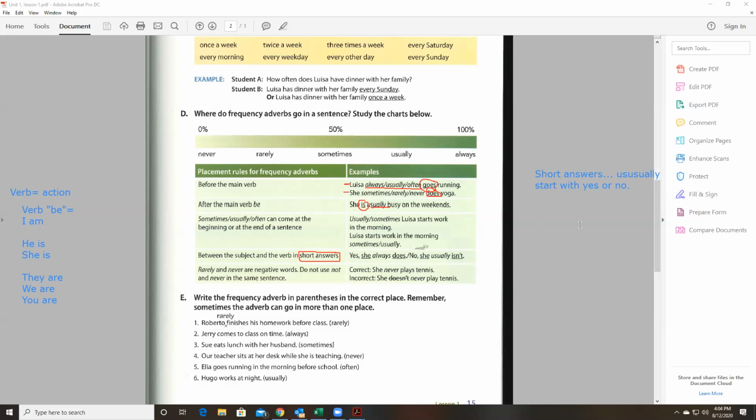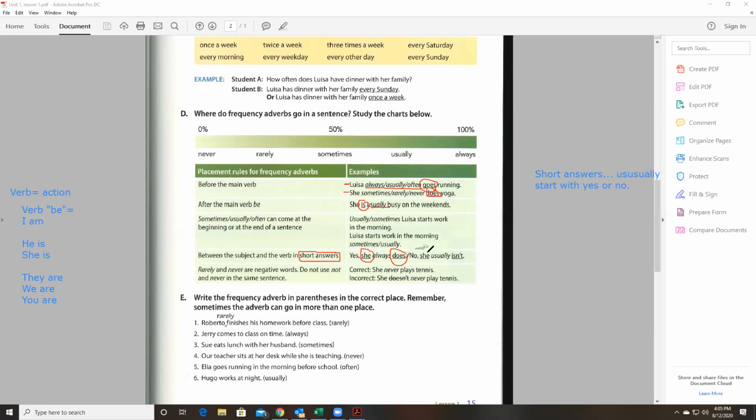So if your answer starts with yes, you are going to put your frequency adverb between the subject, she, and the verb, does. Yes, she always does. Or no, she usually isn't.